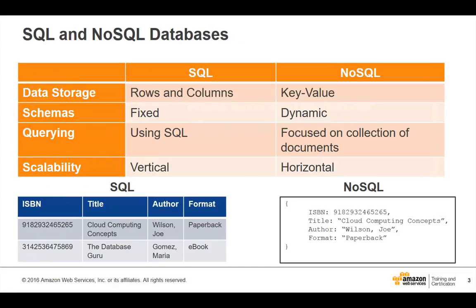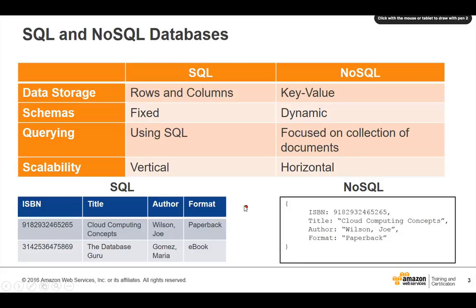So if we separate the databases into two main factions, we have SQL, transactional relational type databases, and then we have NoSQL, which is your more unstructured data. If you're familiar with traditional databases, this is what it looks like, where you have a table with rows and columns, and you tend to have multiple tables that join, such as Joe Wilson here who's authored a book.